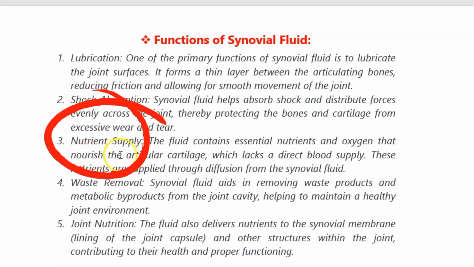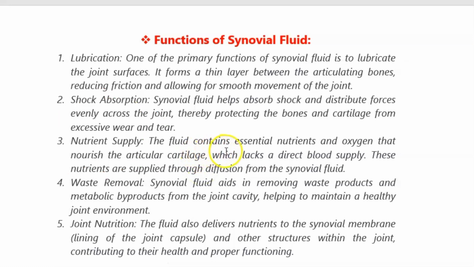Number 3, nutrient supply. The fluid contains essential nutrients and oxygen that nourish the articular cartilage. You all know what a nutrient is? Nutrient is one of the basic requirements for cellular processes. So it means at that point there's a need for nutrients.